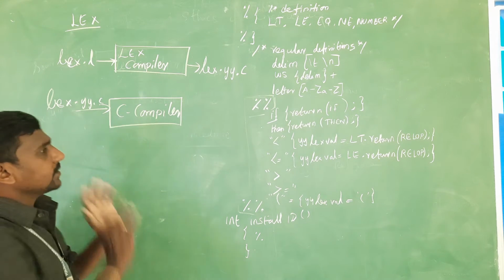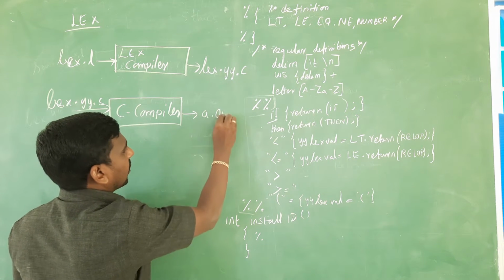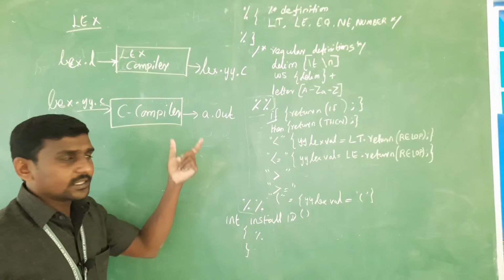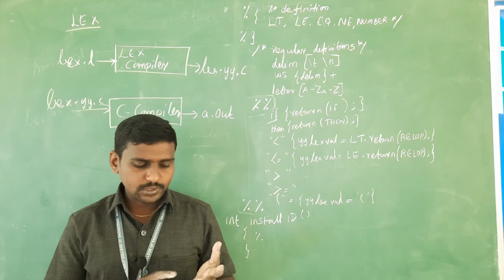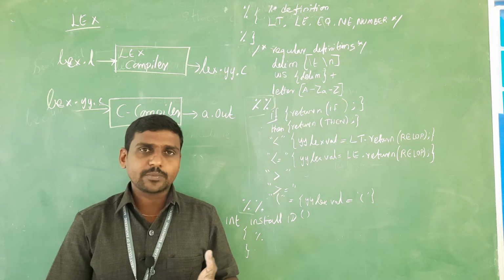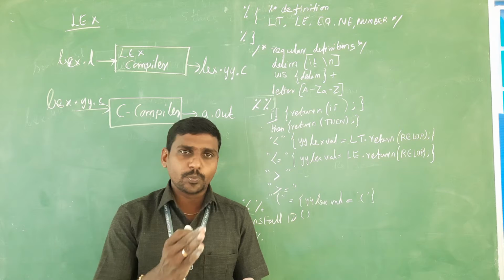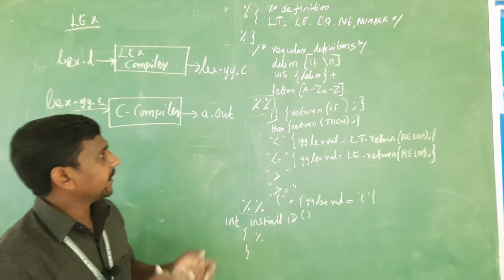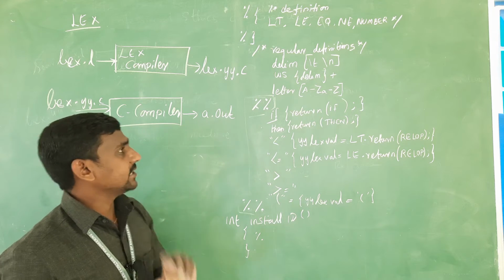That is given to the C compiler, and the a.out file will be generated. You know what a.out is? We may be familiar with the a.out format, because we use the C compiler for C programs, Java programs, etc. in open source. If you write a C program on an open source operating system like Ubuntu or Linux, you may know what a.out is.